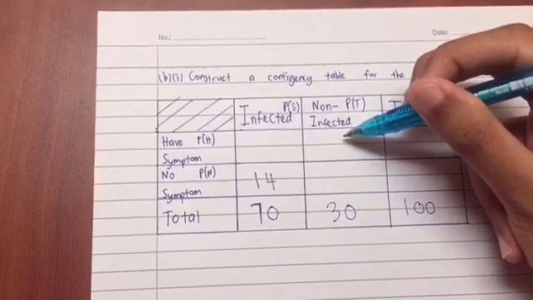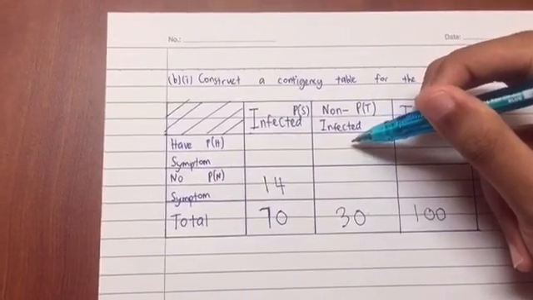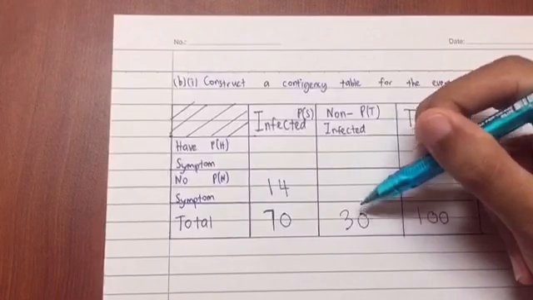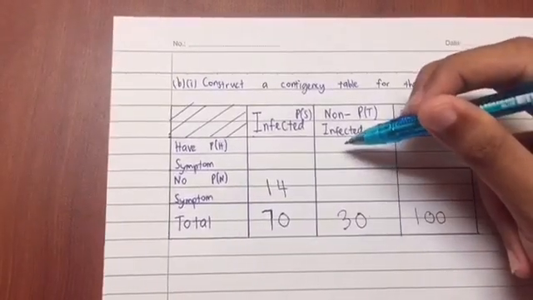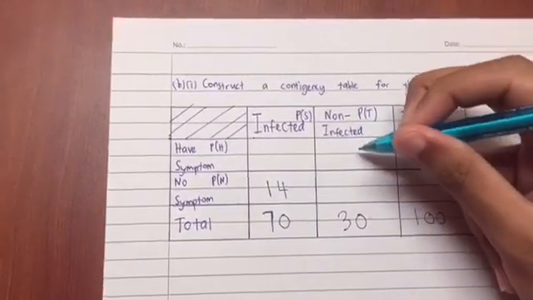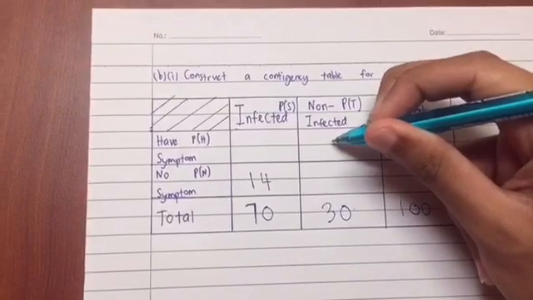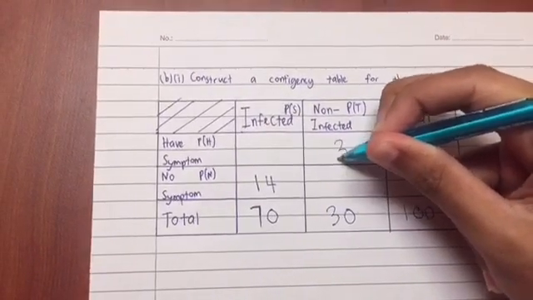Then it is 10%, so 0.3 multiplied with 10%, and we get 3. So we just put the value of 3 in here.